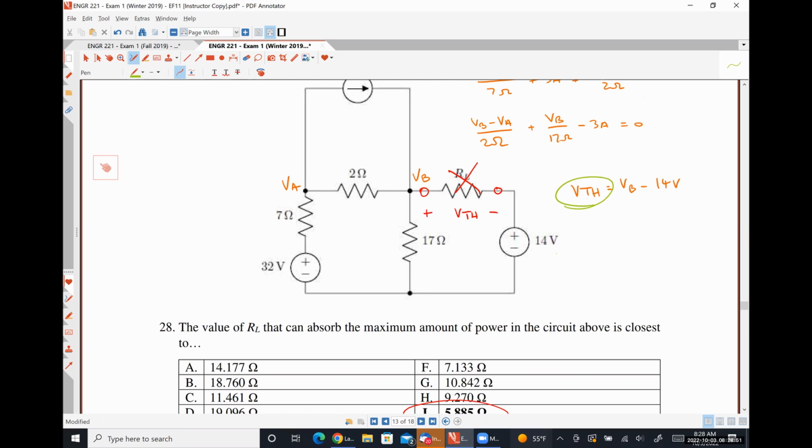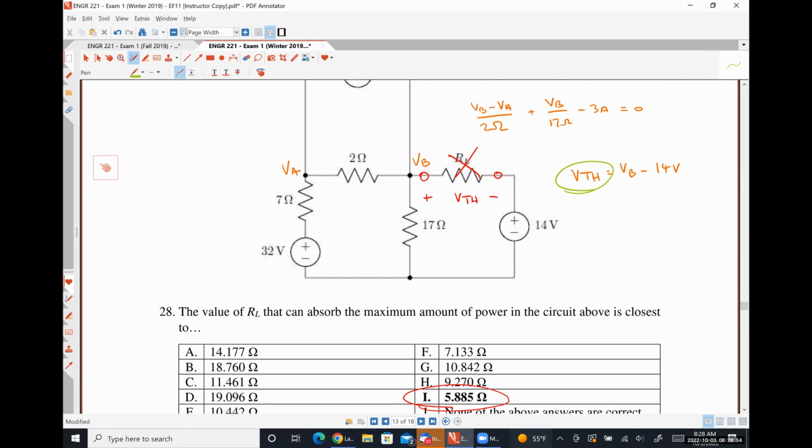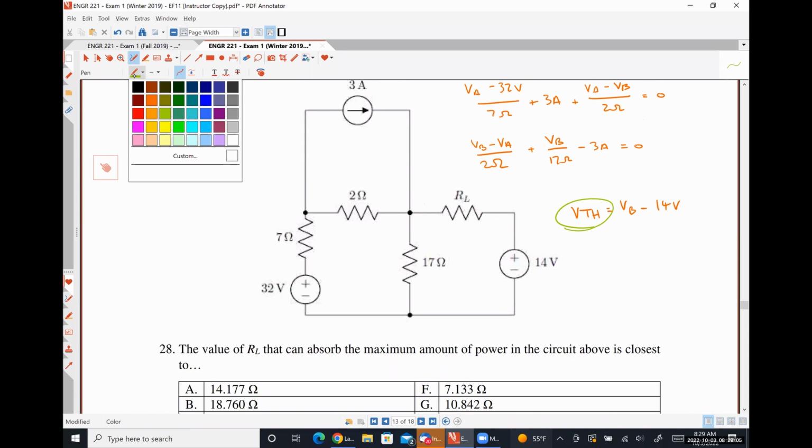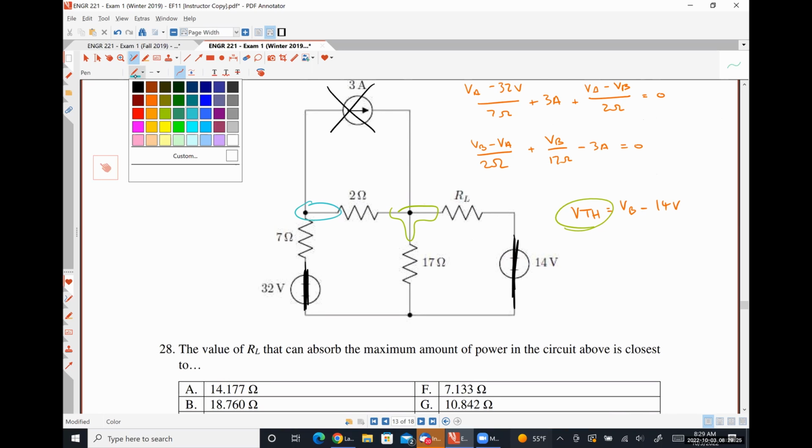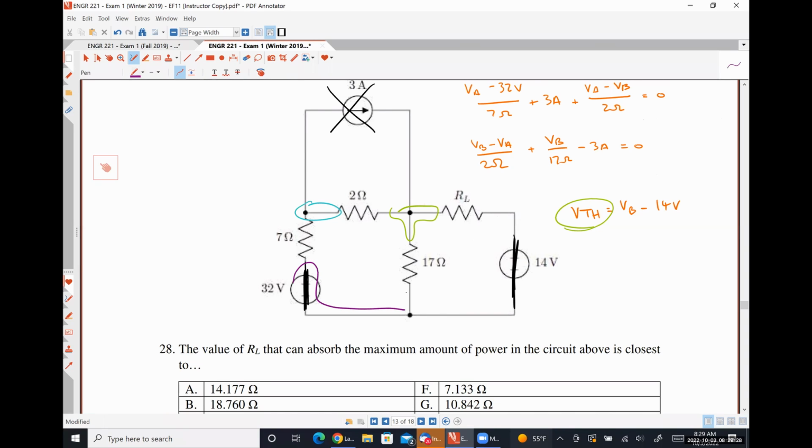And as Jake noticed, you could find the equivalent resistance that causes maximum power transfer to occur by, so let me erase all this. If we short this and open circuit this, let's see what we would have. So that's one node. That's a node. That's a node.